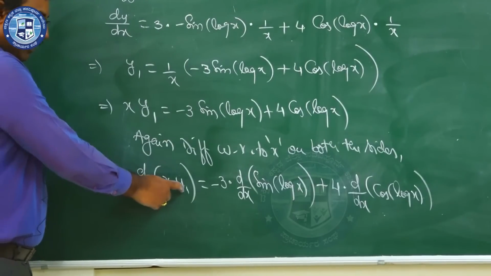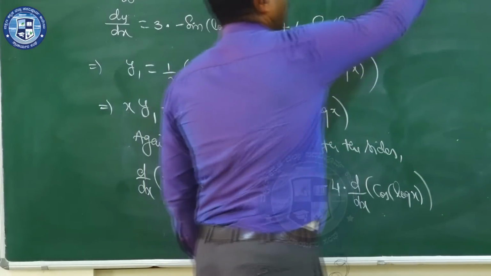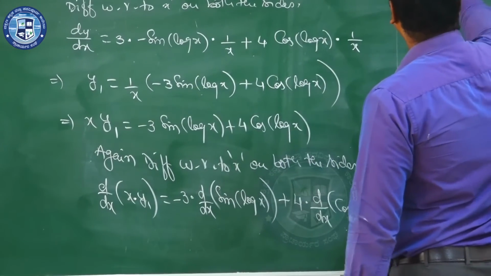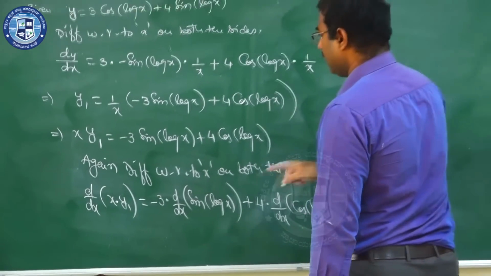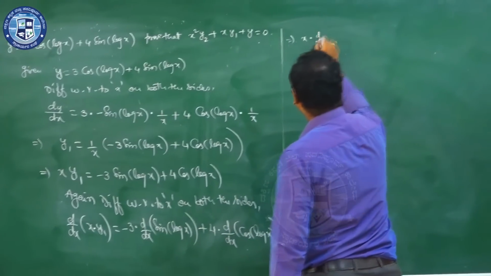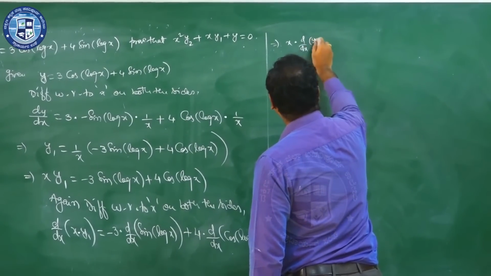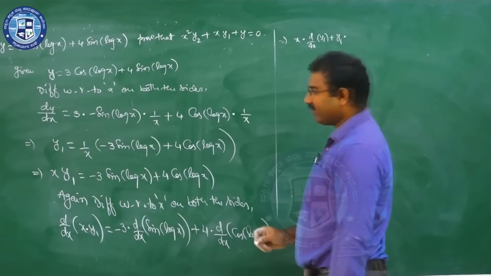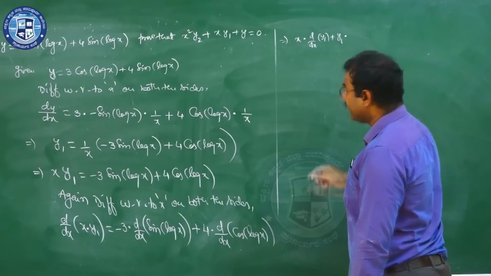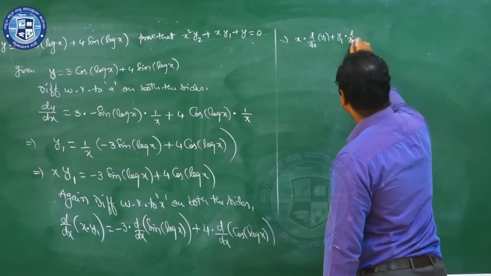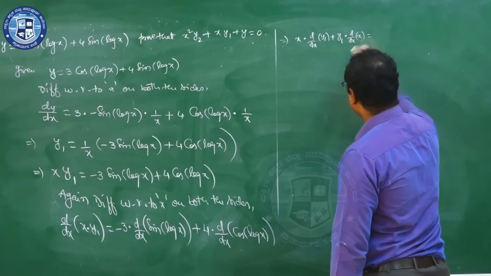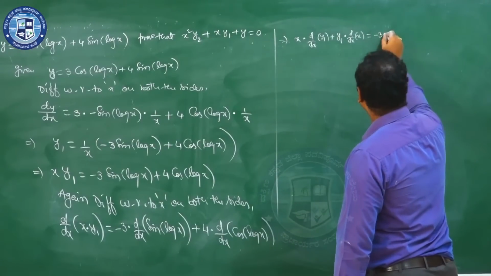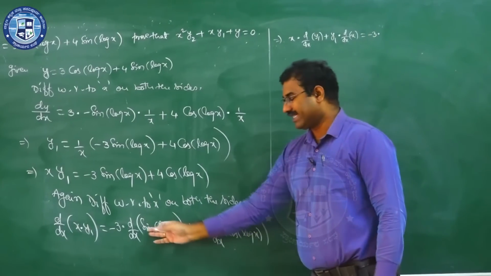So, UV formula, u means x into d by dx of y1 plus y1 into, product rule we are using, y1 into d by dx of x is equal to minus 3 into, what is d by dx of sin x?